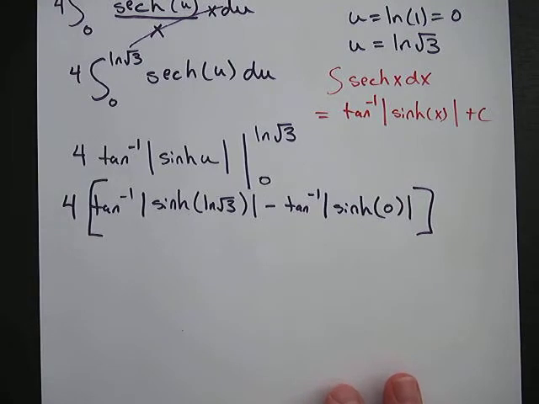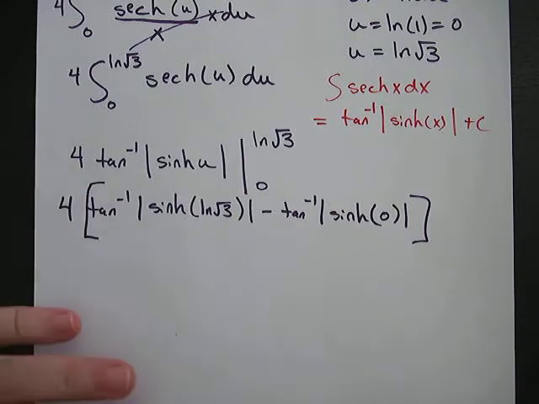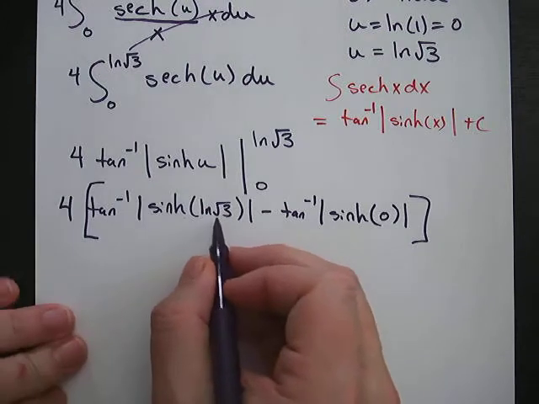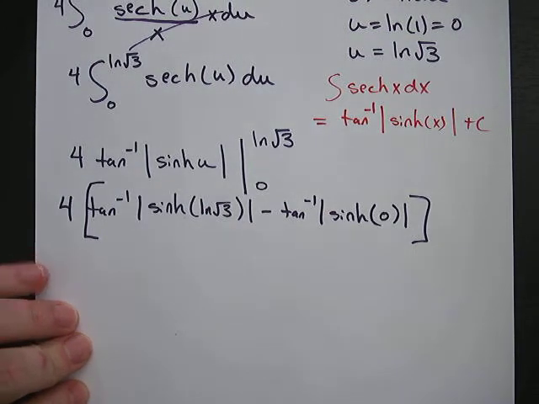Okay, so it's not looking quite as straightforward. It's beginning to get a little more complex again, because we need to come up with a final solution for this. So what we're going to have to figure out is, what is the hyperbolic sine, and what happens when I plug in an ln of square root of 3? What happens when I plug in a 0?